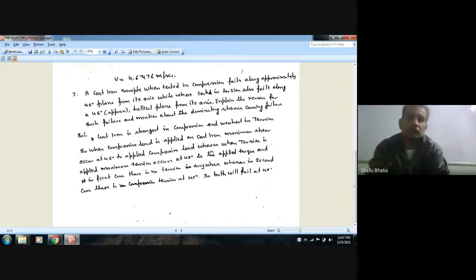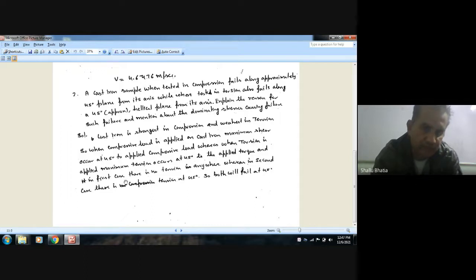So, reading out for you: cast iron is strongest in compression and weakest in tension. When compressive load is applied on the cast iron, maximum shear stress will occur at 45 degrees to the applied compressive load, whereas when torsion is applied, maximum tension occurs at 45 degrees to the applied torque.